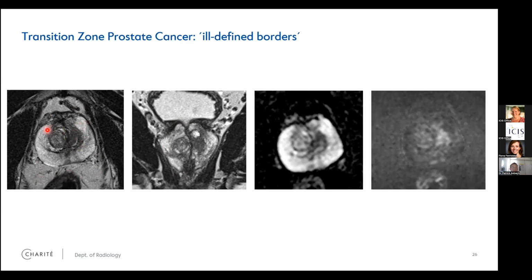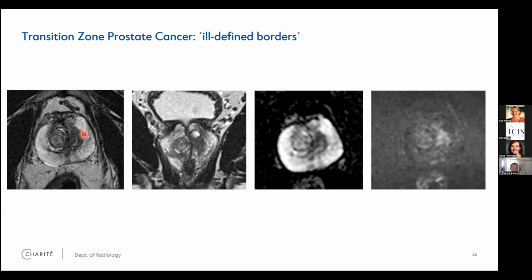And on the contralateral right side, we see a typical BPH node. The BPH node typically shows a round shape, heterogeneous signal intensity, and it is well defined. You can basically circle the lesion. So that's a typical BPH node. When you now look at the contralateral side of the transition zone, you see this area of low T2 signal, which is not well delineated.